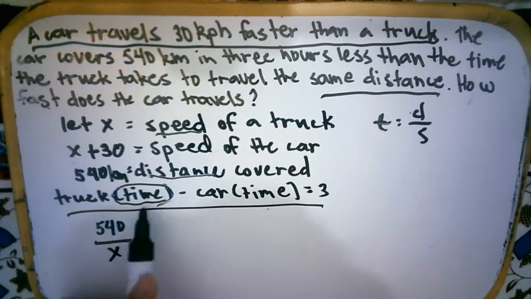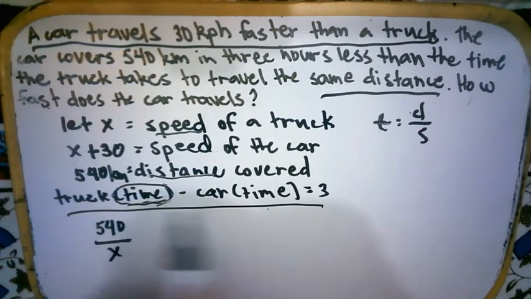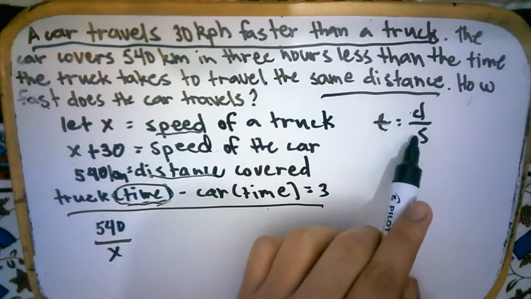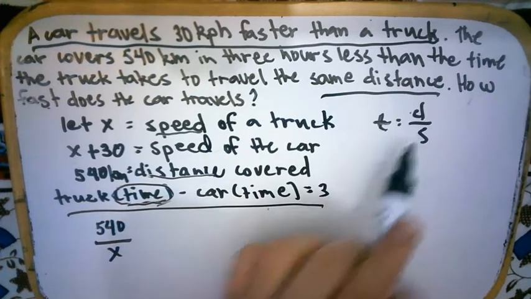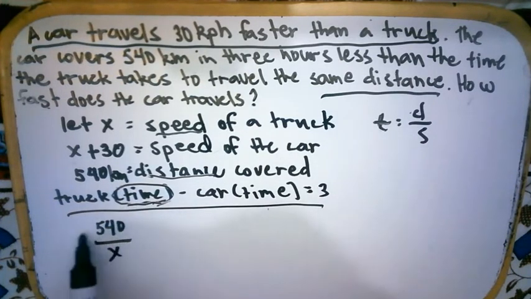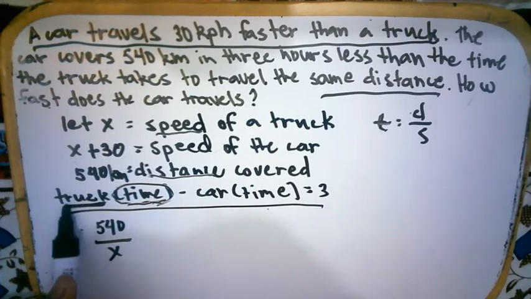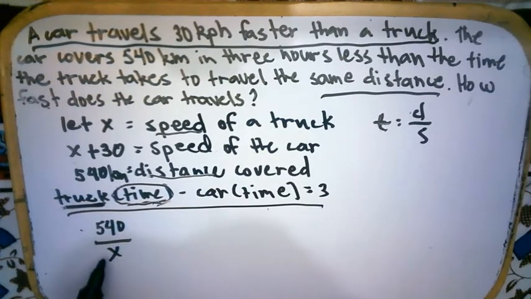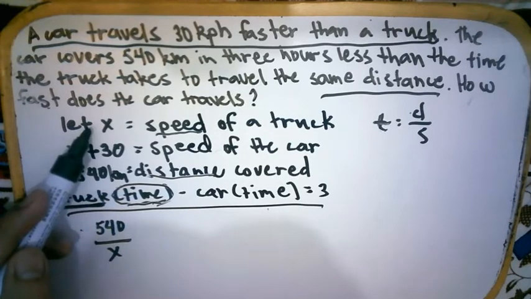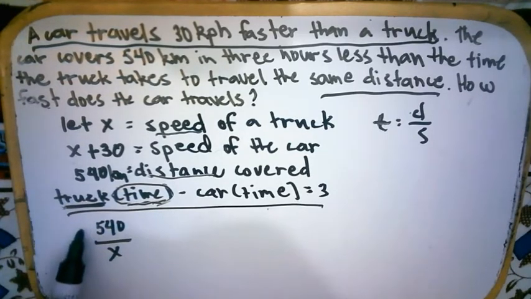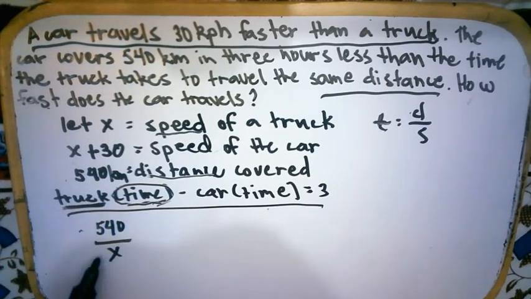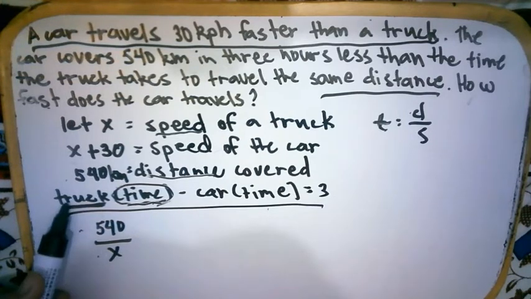So, dahil ang formula nga ng time ay distance over speed, so pinalitan lang natin itong time ng distance. Ito yung distance, yung 540 at saka speed, which is x. Since truck yung pinag-uusapan natin dito, kinuha natin yung speed ng truck, which is x. So, distance, 540 over x, speed ng truck.